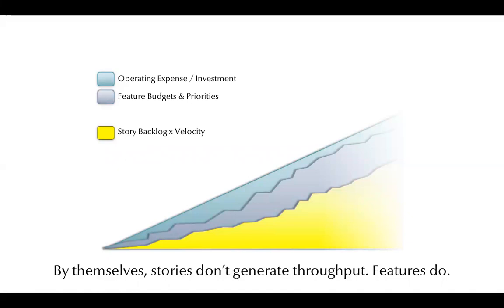But just going from vision, business drivers, business constraints, to some sort of release plan for features, accounting for the budgets we need to deliver each feature and the priorities of the features, well, that has to be something we do in a coherent way.